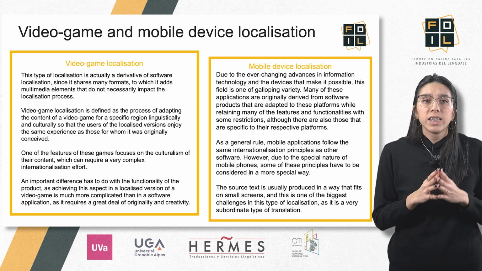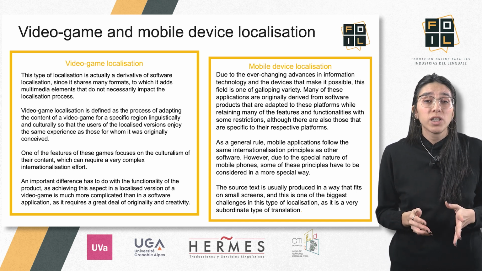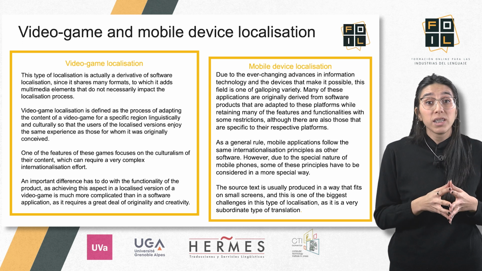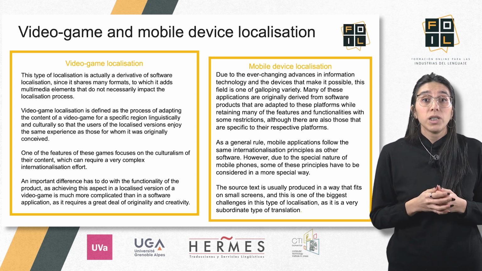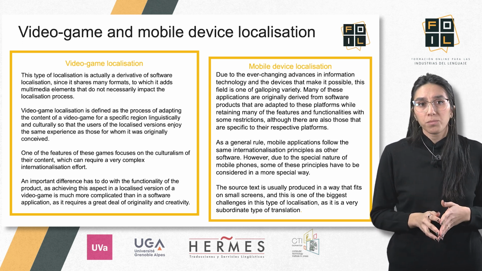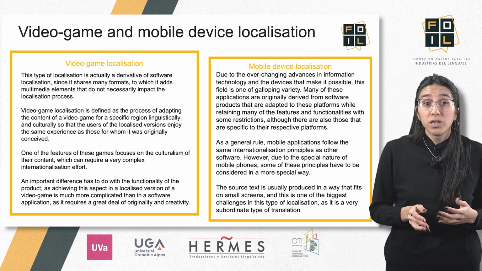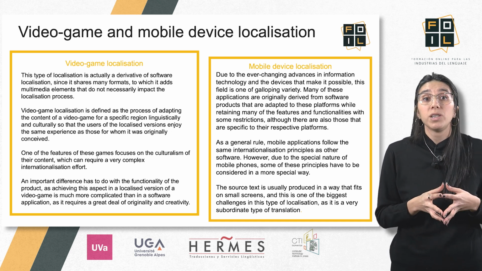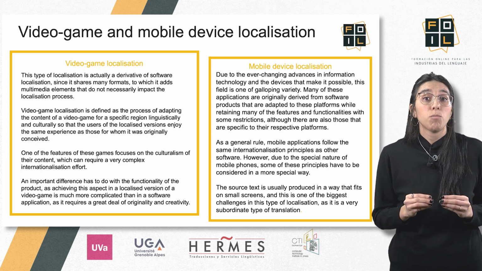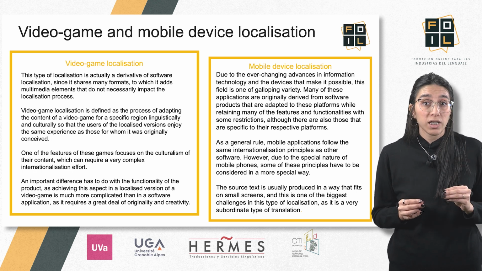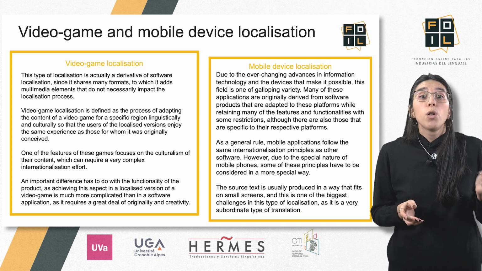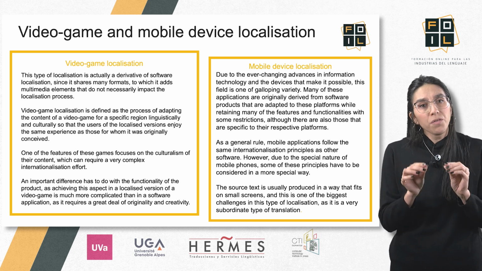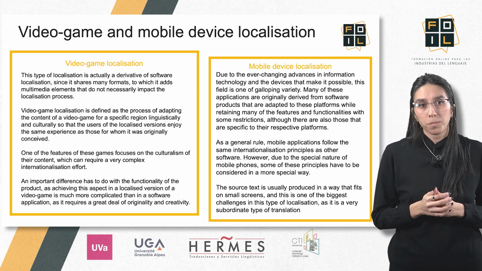Due to the ever-changing advances in information technology and the devices that make it possible, this field is one of galloping variety. Many of these applications are originally derived from software products that are adapted to these platforms while retaining many of the features and functionalities with some restrictions, although there are also those that are specific to their respective platforms.